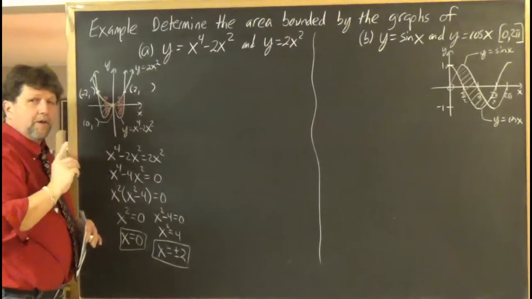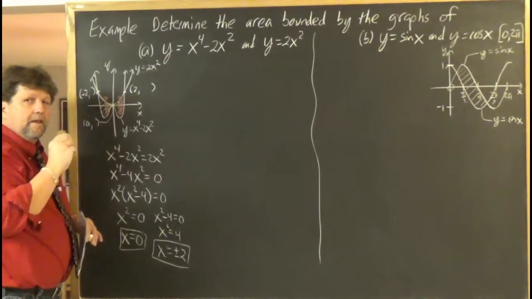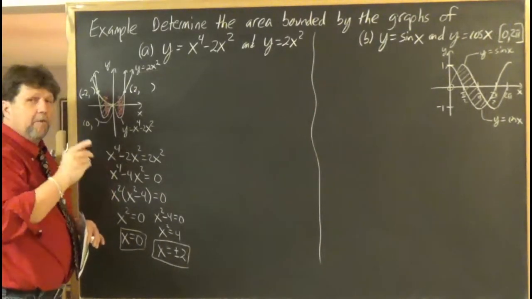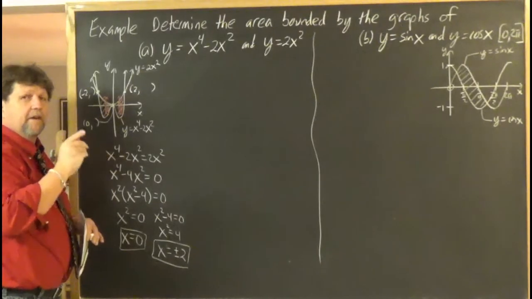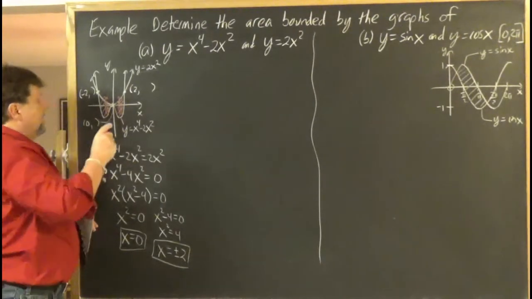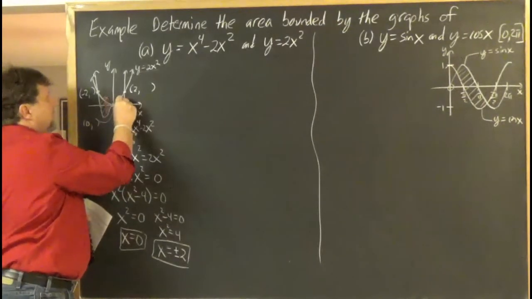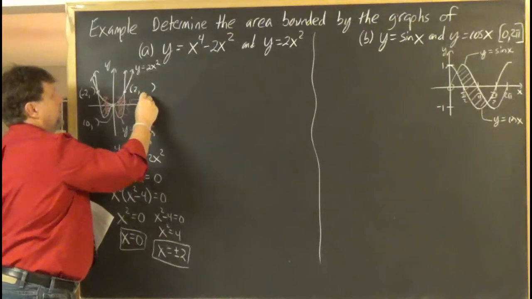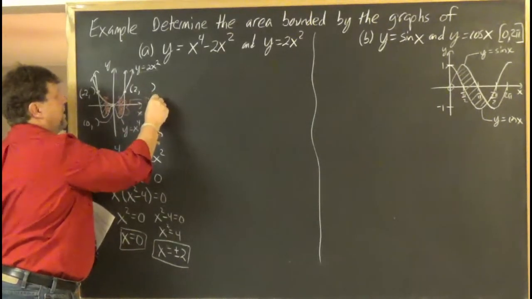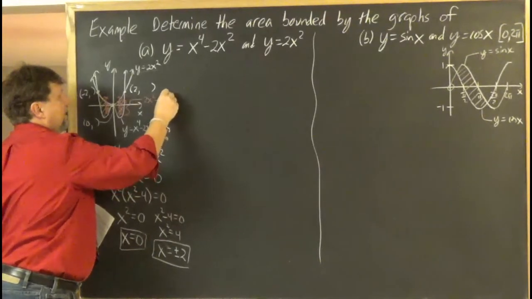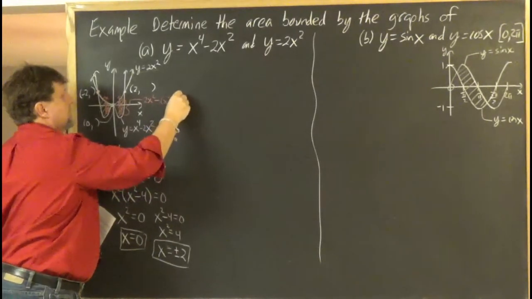I'm going to notice one more thing. These two functions are even functions, and I am going to make use of the property of even functions to find the area here. This rectangle here, let's list the height of this rectangle. It's the top curve, 2x squared, minus the bottom curve, which is x to the fourth minus 2x squared.